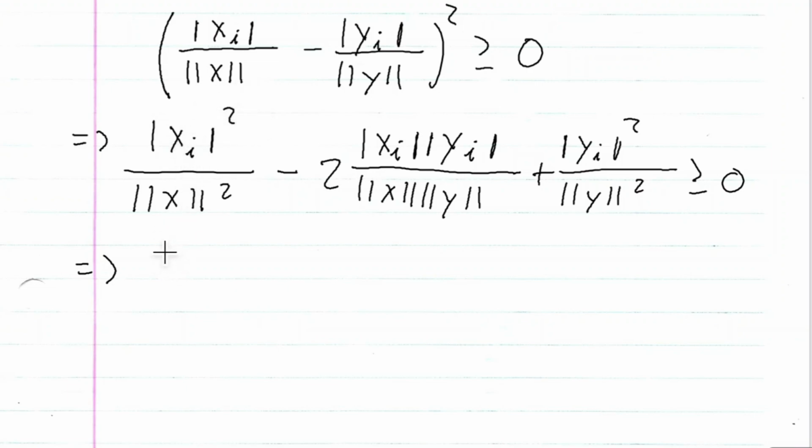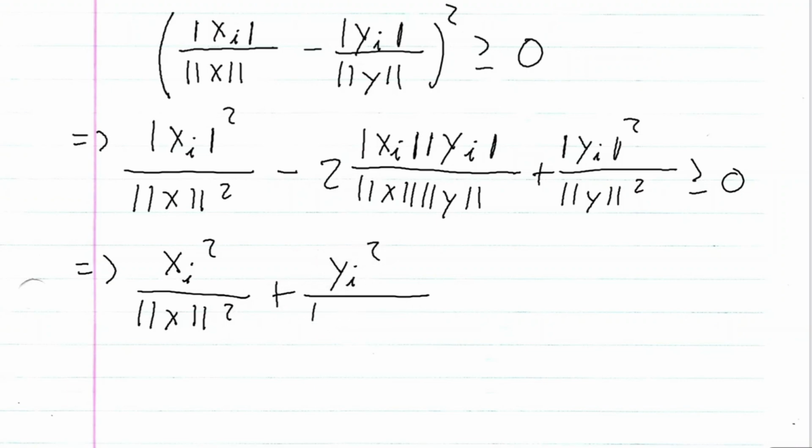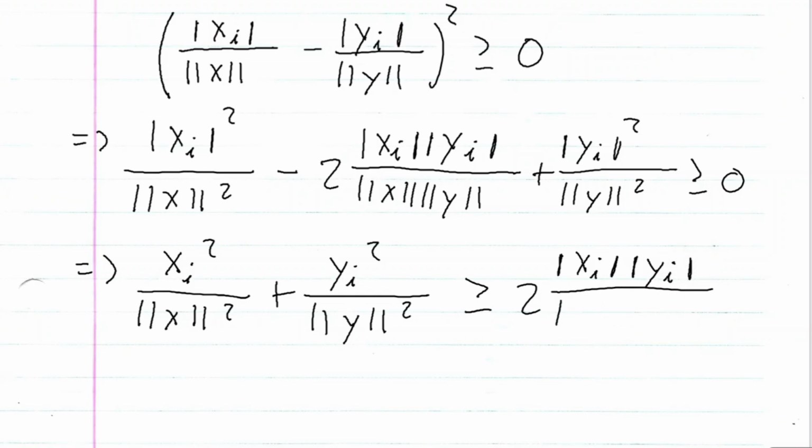So this is the same thing as x_i squared over the norm of x squared plus y_i squared over the norm of y squared, and that's going to be bigger than or equal to 2 times the absolute value of x_i times y_i all over the norm of x times the norm of y.